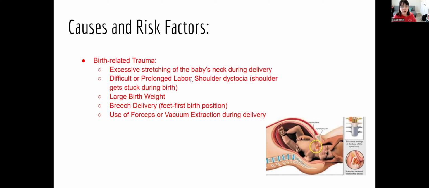So if you have a larger baby, it's going to be easier to get stuck in there. And again, breech delivery, which is when the feet are the first birth position, and then use of forceps or vacuum extraction during delivery. Here I just added a breech photo so we can kind of see how that happens. You can see kind of how those nerves can get stuck on that coming out.